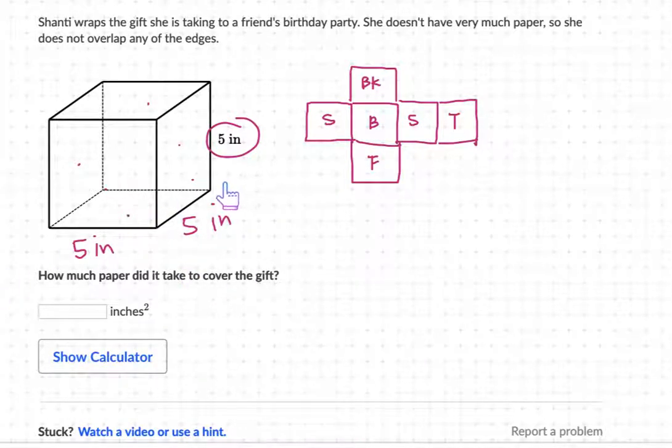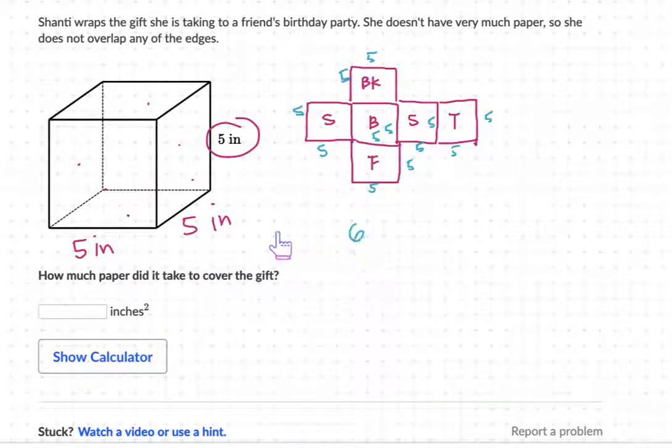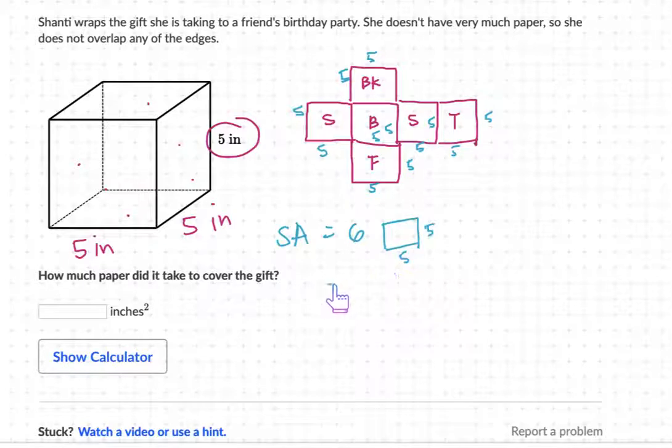And we notice that all the sides are the same. So 5 by 5, 5 by 5, so many 5s. But we know that there's 6 of them total. So there's really 6 of these squares. And each of these squares are 5 by 5.